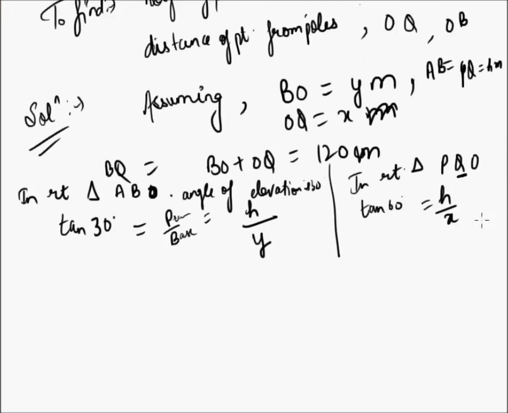So from the two formed equations, we have h equals y into tangent 30 degrees, whereas here we have h equals x into tangent 60 degrees.